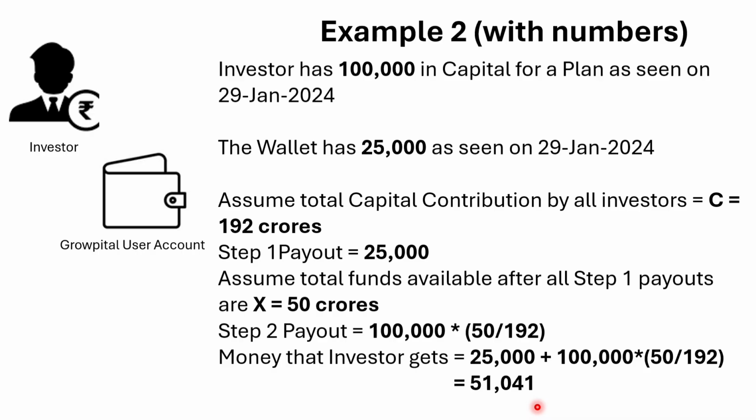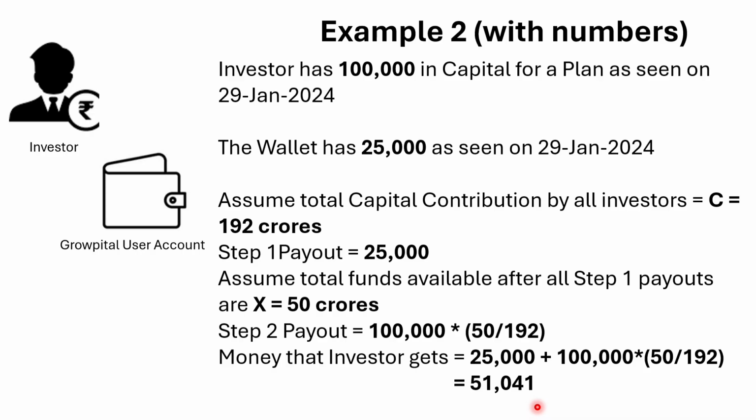And let's assume that the total funds available after all step 1 payouts is 50 crores, as I mentioned previously. So his step 2 payout would be 1 lakh into 50 divided by 192. So total money that the investor can expect to get back is 25,000 plus the fraction of 1 lakh, and based on the math, it comes out to be 51,041.